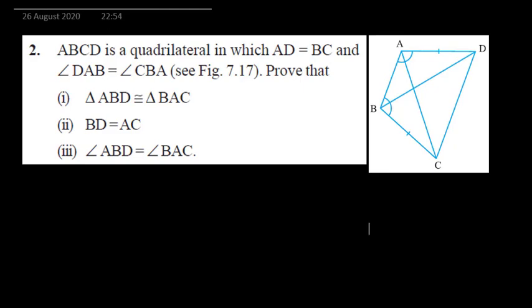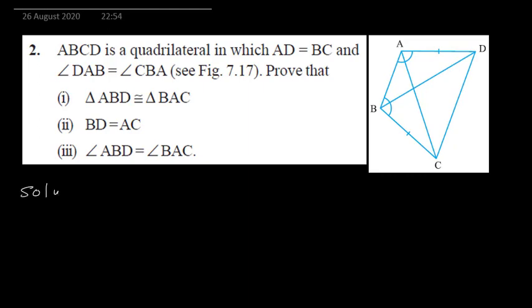We have to prove that triangle ABD and triangle BAC are congruent. Then we have to prove that BD is equal to AC, and then that angle ABD is equal to angle BAC. So what is given and what we have to prove, everything is there. From the question you copy and then start with the solution.